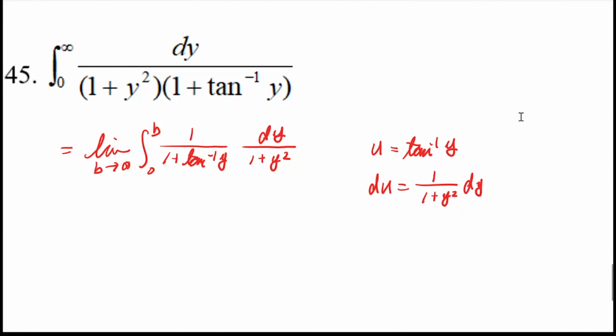Okay, so now then we have limit as b approaching infinity of, we make a substitution, so this thingy is 1 over u. In fact, I'm gonna say u is 1 plus that thingy, because it doesn't make that much difference, but it makes it easier.